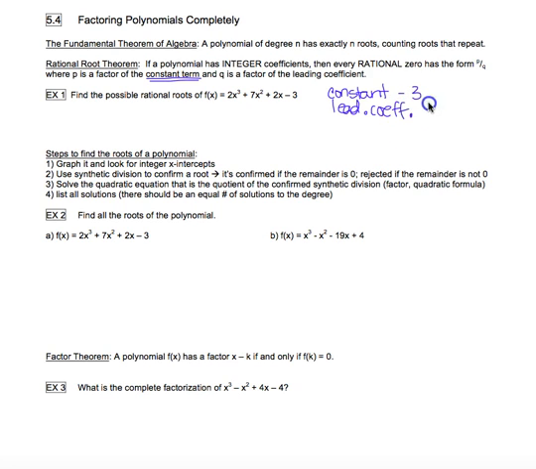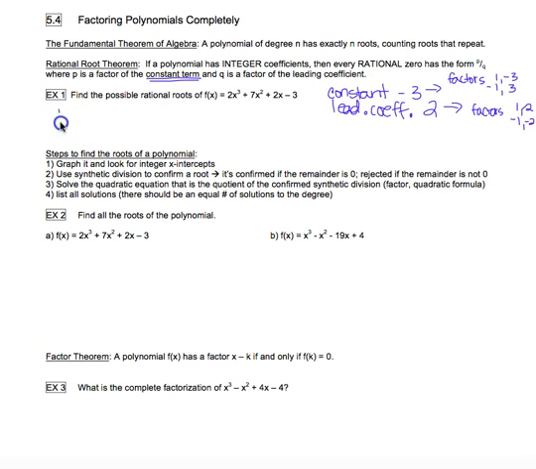The leading coefficient is 2. So those are going to be my Q factors. So factors of -3 are 1 with -3 or -1 with +3. My leading coefficient is 2. Factors could be 1 with 2 or -1 with -2.